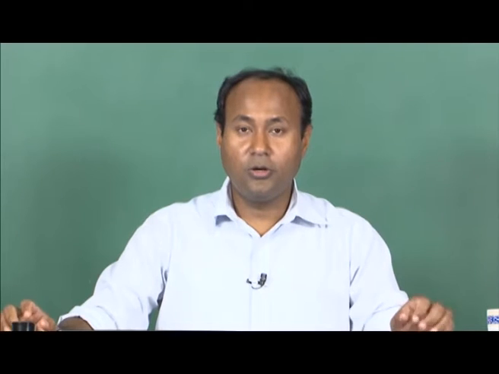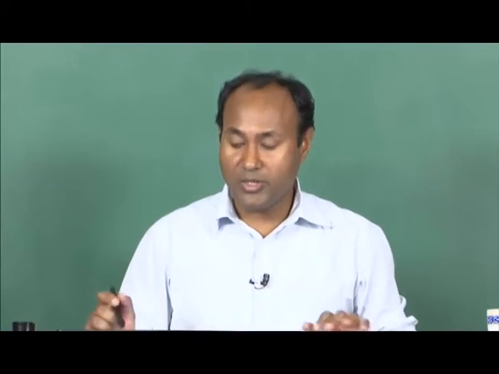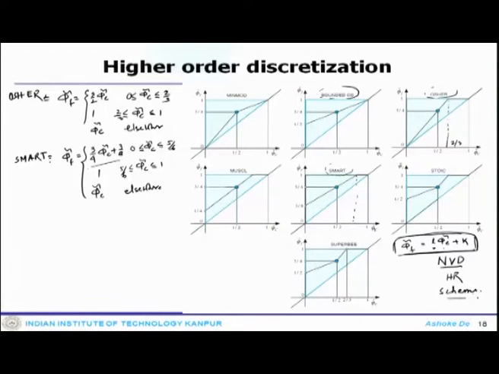Okay, so let's begin with lecture number 30, where we'll continue our discussion from where we left off in the last lecture on the high resolution scheme. If you just quickly recall from the last lecture, this is the NVD diagram, which we call the normalized variable diagram, and we are looking at the functional representation of the face value using this kind of representation.